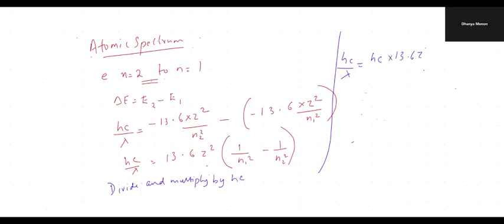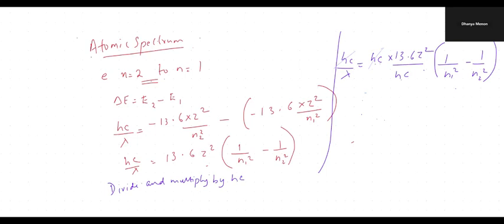So see, I have divided and multiplied. Okay, rest of the terms remain the same. 1 by n1 square minus 1 by n2 square. Okay, so I can cancel the common things.